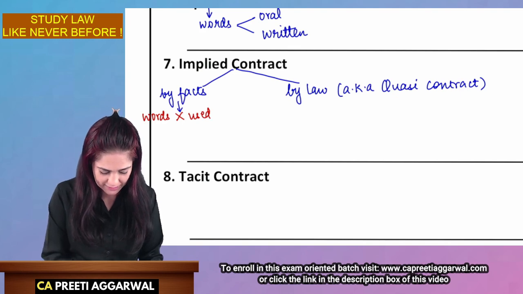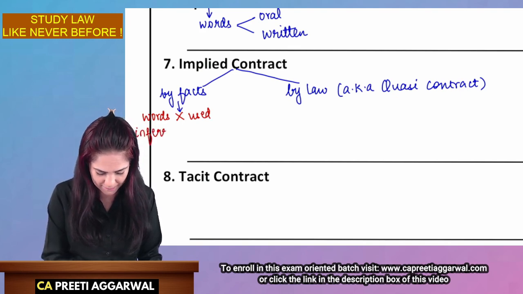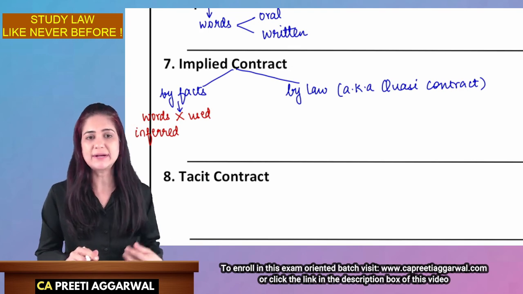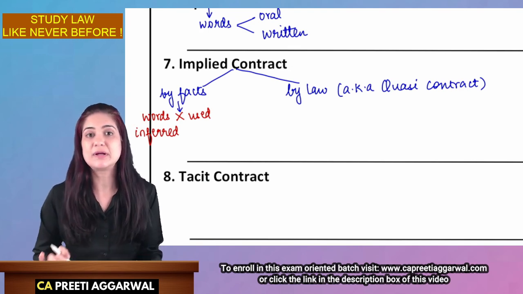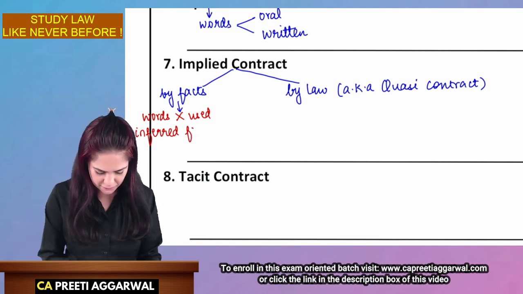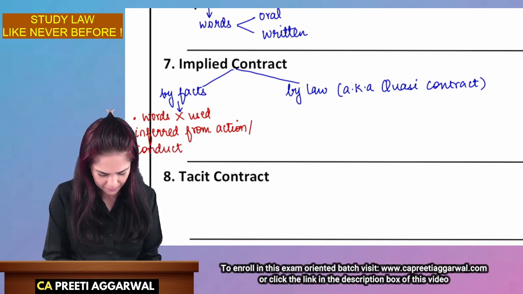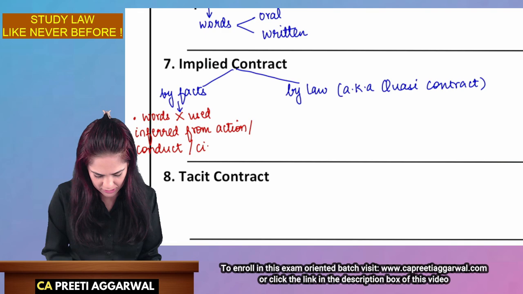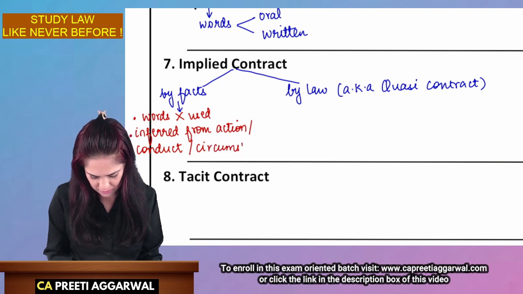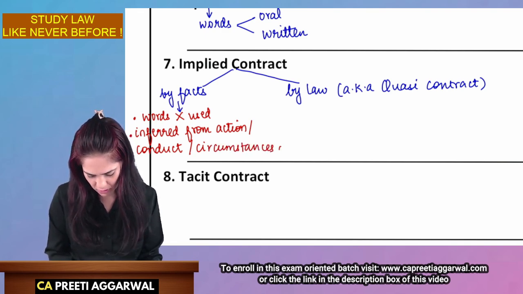It is inferred from action or conduct of the parties or circumstances of the case. I am using a better word; I'm not going to write it is understood. That's a simple word.